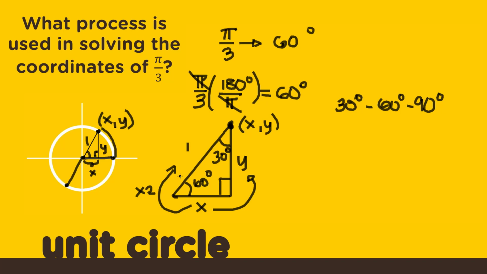Going back, because the hypotenuse is already 1, we do the opposite of times 2, so we divide by 2. This means x can be solved as 1/2, or half of 1.